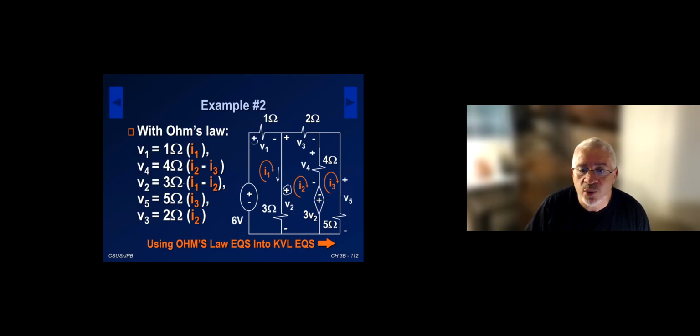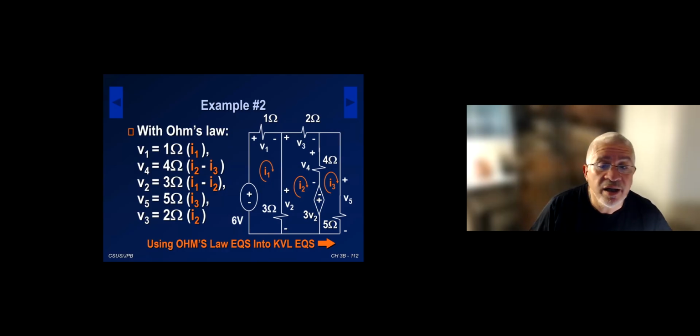That's why you see V2 here is 3 times (I1 minus I2). Just to make things a little interesting, if I had my mesh current I2 like this, then V2 would be 3 times (I1 plus I2), because both currents would be entering the positive terminal. Just a side note here.